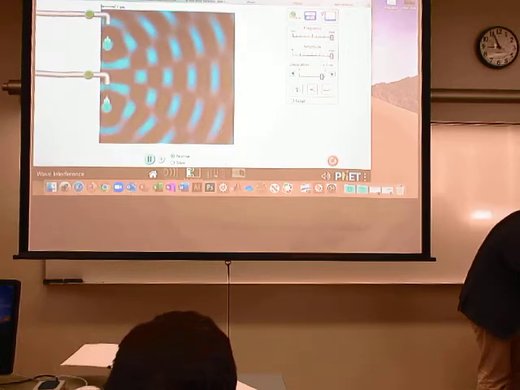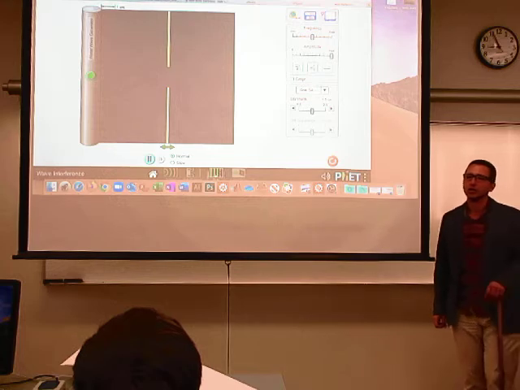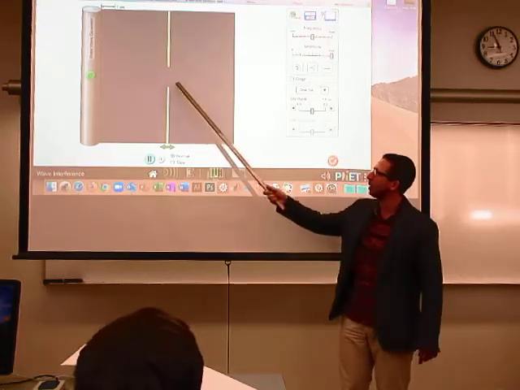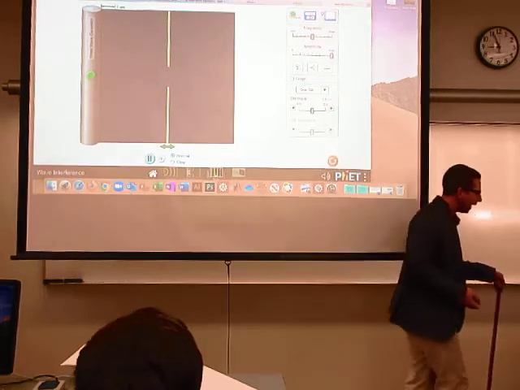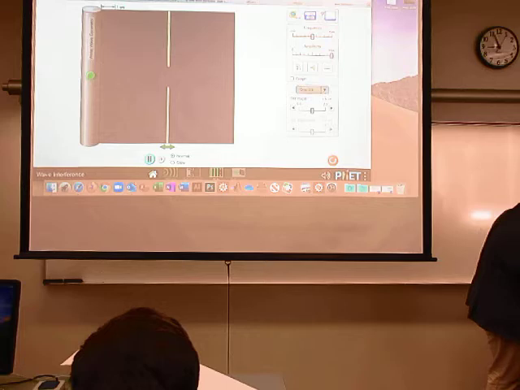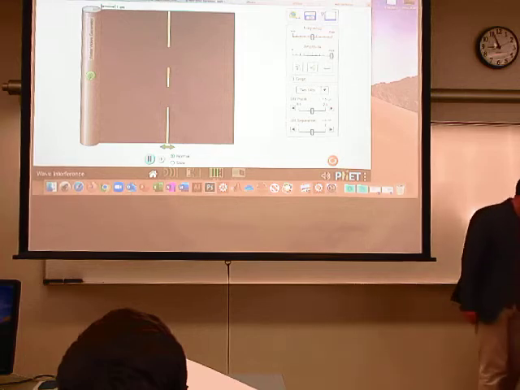Now what it's going to look like for us is the following. The purpose of the lab is to measure the wavelength of light, but let's put a barrier in front of the light. And in fact, since the barrier we're going to start with is 2 slits, let's look at what this would look like.